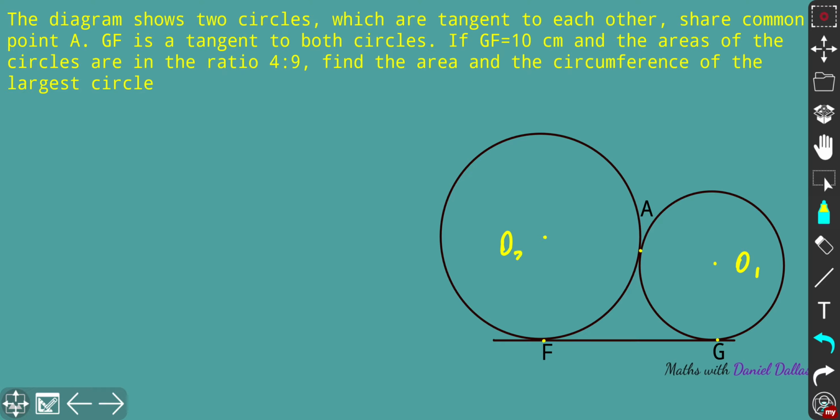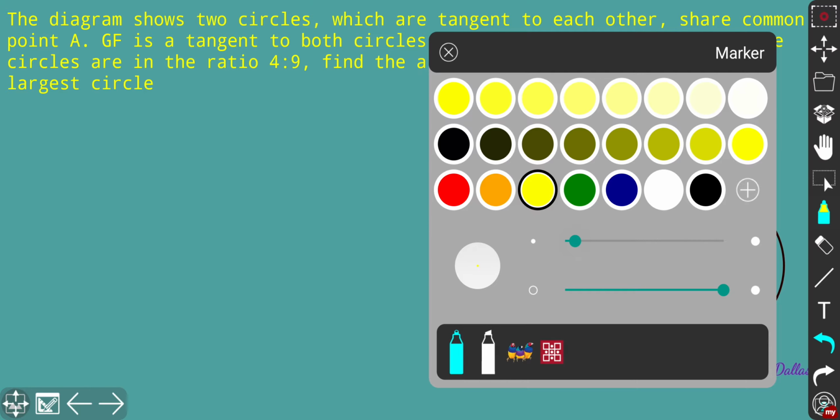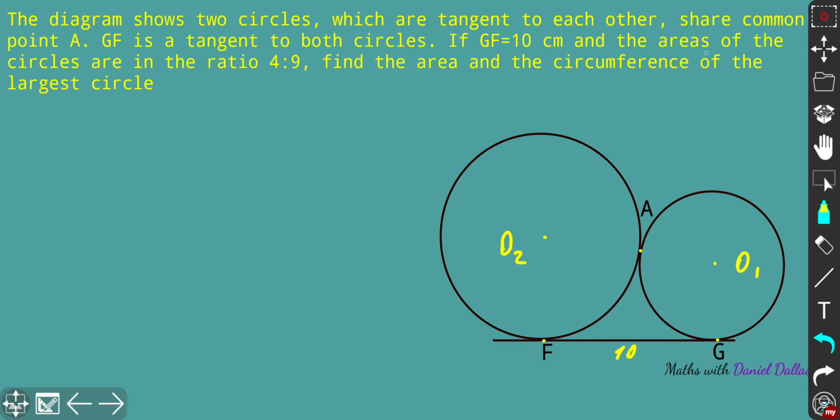And we are given that GF is the tangent, so that means it's tangent to both circles, and we're also given the length GF, that is 10 centimeters. We fix that, and right now we're going to go back to the areas. So areas of the circles are in the ratio 4:9. You need to find the area and the circumference of the large circle.